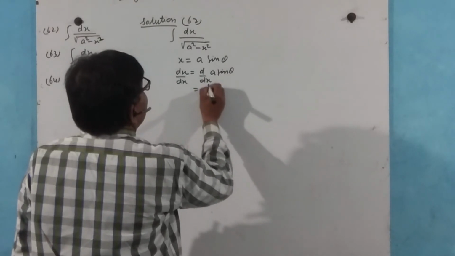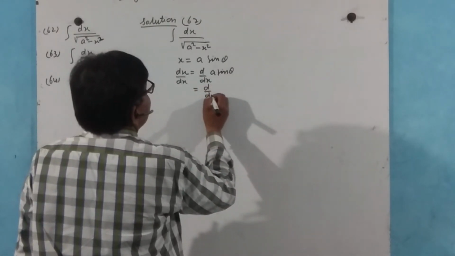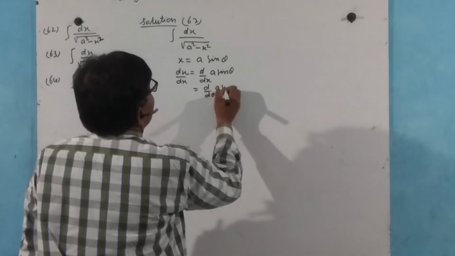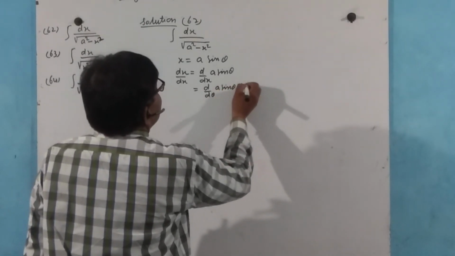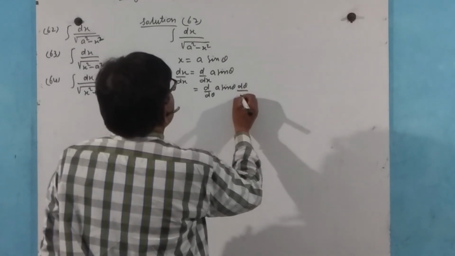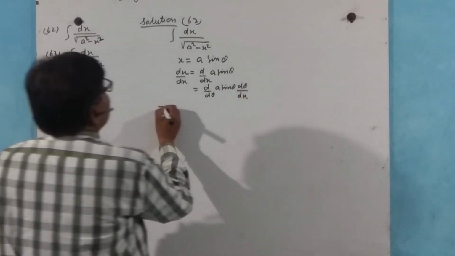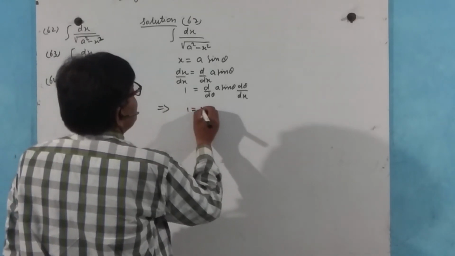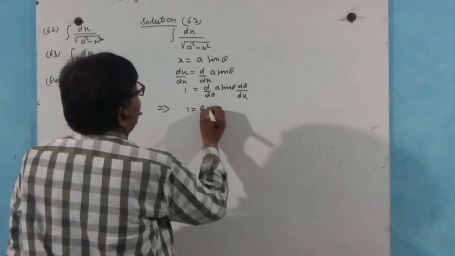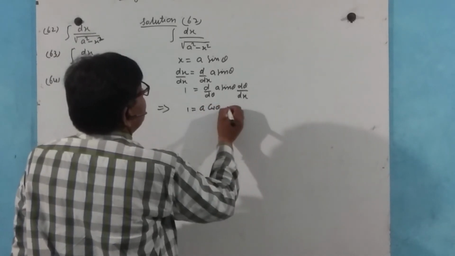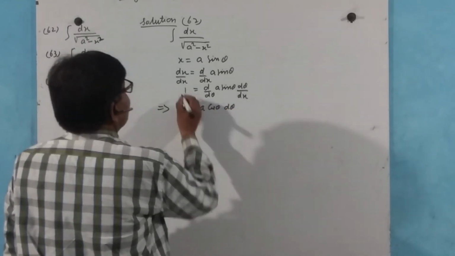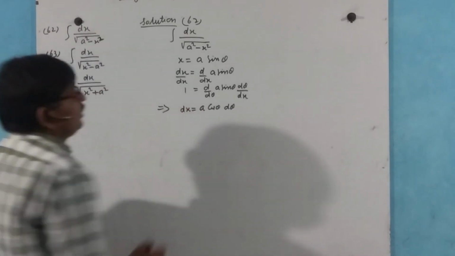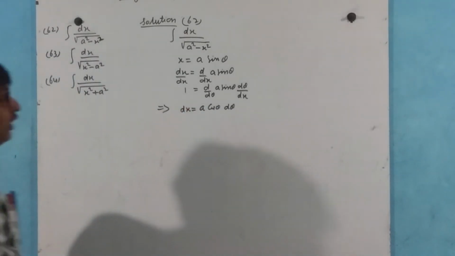This can be written as d by d theta of a sin theta, and d theta by dx, this is equal to 1 here, so dx comes here: dx is equal to a cos theta d theta.